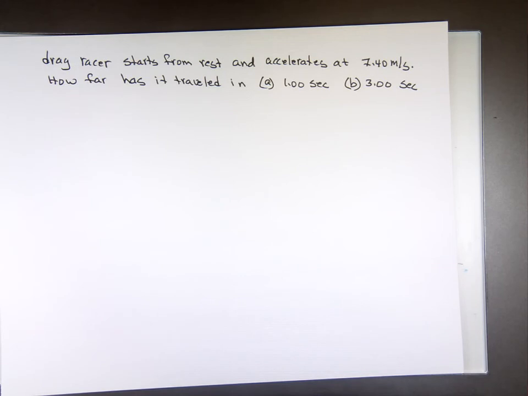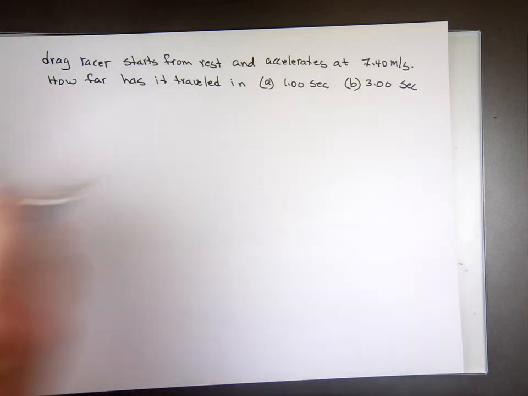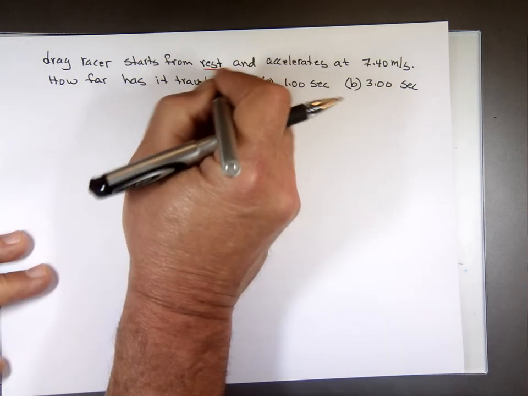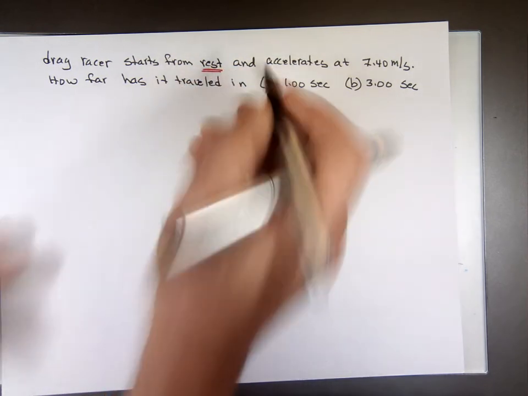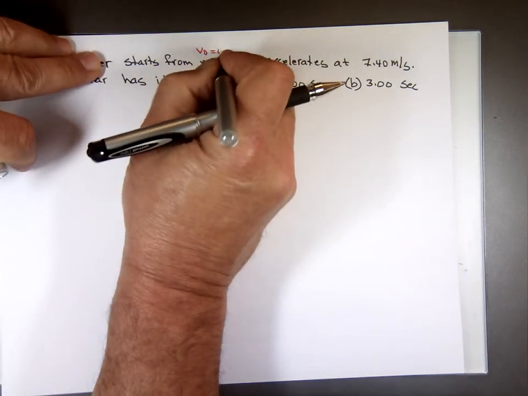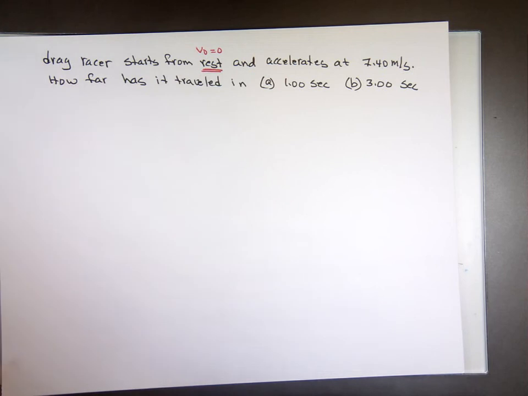So let's write what we know. There's hidden information there. Look at it closely. What is it? Initial what? Yes. Starts from rest. The word rest tells you the initial velocity is 0. Notice it wasn't flagged, hey, initial velocity is 0. We're supposed to figure that out.